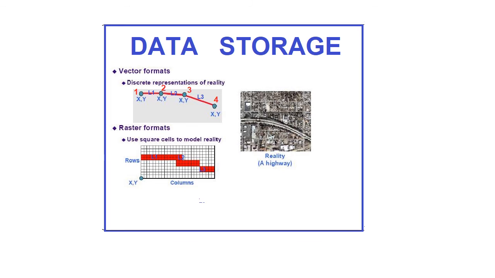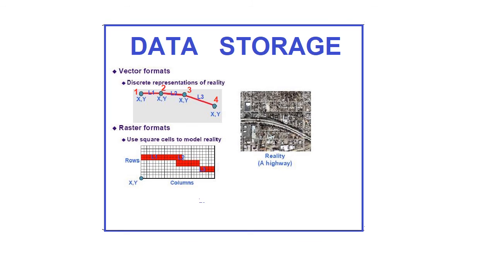Data storage is of two kinds: vector data format and raster data format. The vector data format is a discrete representation of reality, which is, let us say, L1, L2, L3 are parts of a cable, road network or bridge network, where number 1, 2, 3, 4 are the piers of a bridge, or electric poles, and N1 and N2 can be the cable length from one pole to the other pole.